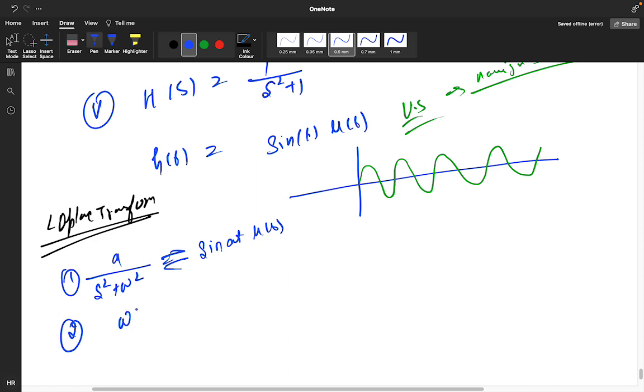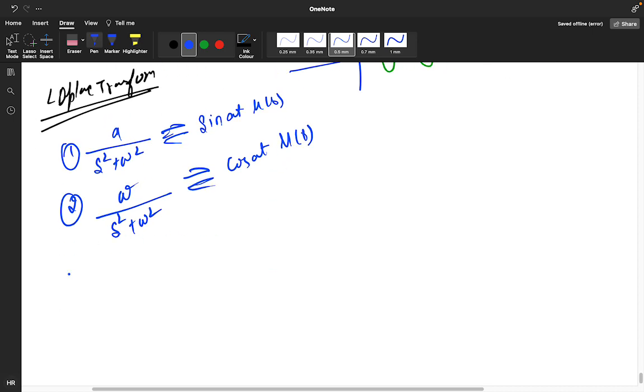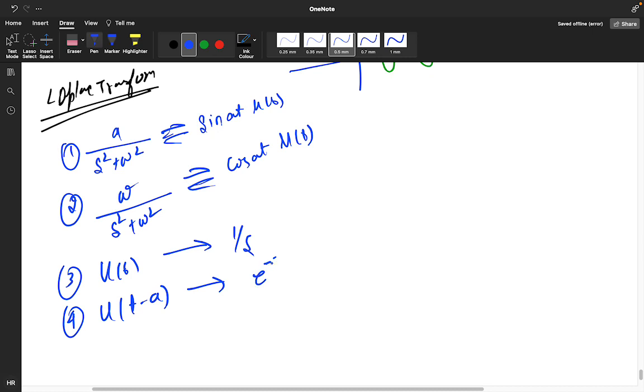Second, omega divided by s square plus omega square is the Laplace transform of cos at u of t. Laplace transform of u of t is 1 by s. Laplace transform of u of t minus a is e power minus as divided by s.